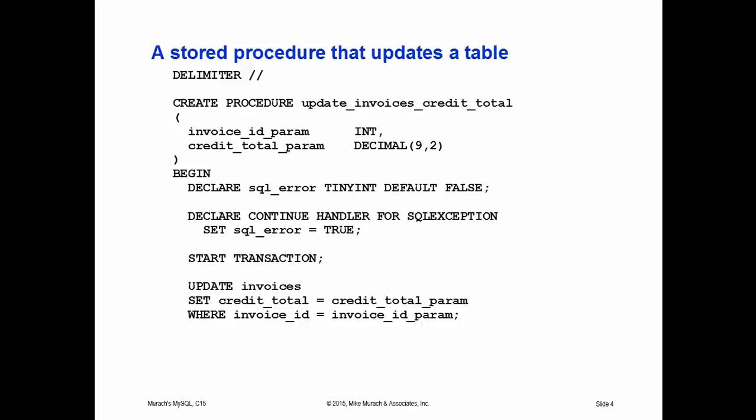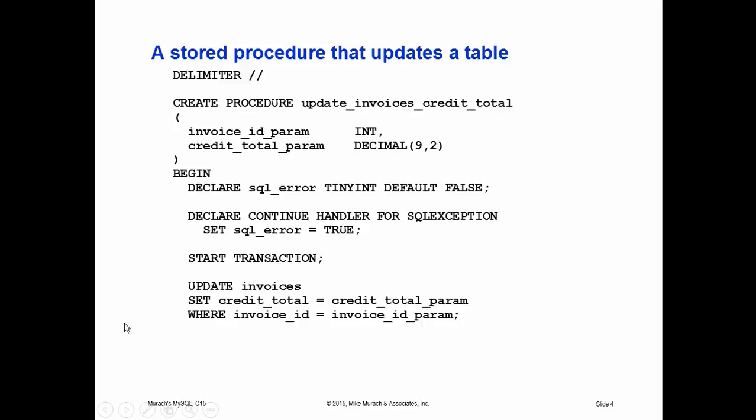So we declare our own local variable inside of the procedure for SQL error. Notice it's a tinyint, which means it's going to be 0 if it's false and 1 if it's true. We declare a continue handler for an SQL exception. We set SQL error to true. So we're going to try to basically handle it if we get some kind of an error.